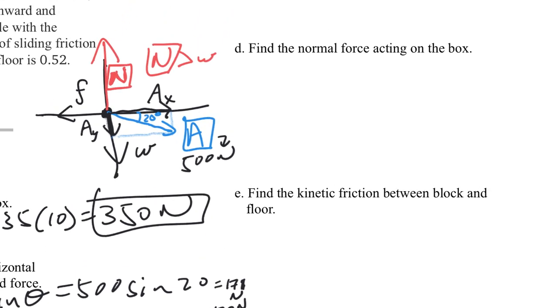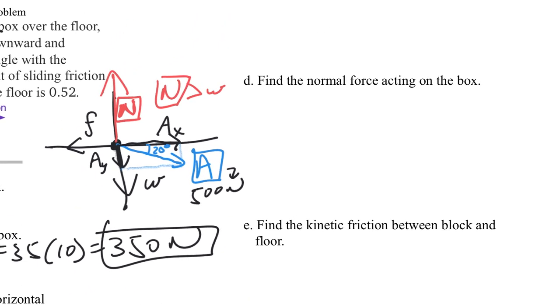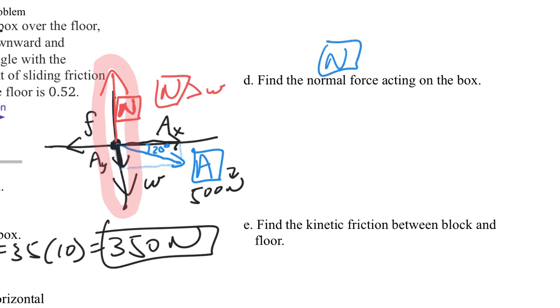Now, find the normal force acting on the box. Okay, now look at the free body diagram right there. So in the free body diagram, look at the vertical forces. Just look at the vertical forces. So we have normal force, the y component of the applied force, and the weight. Okay, so to find the normal force, we know something.